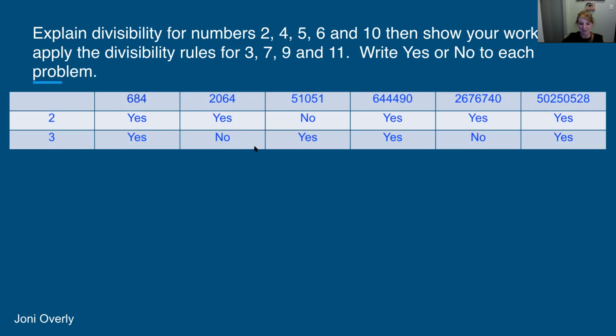And then we're going to add our 5 and our 1 and our 0 and our 5 and our 1. And that one is going to be yes, because all those numbers add up to a sum that is divisible by 3.